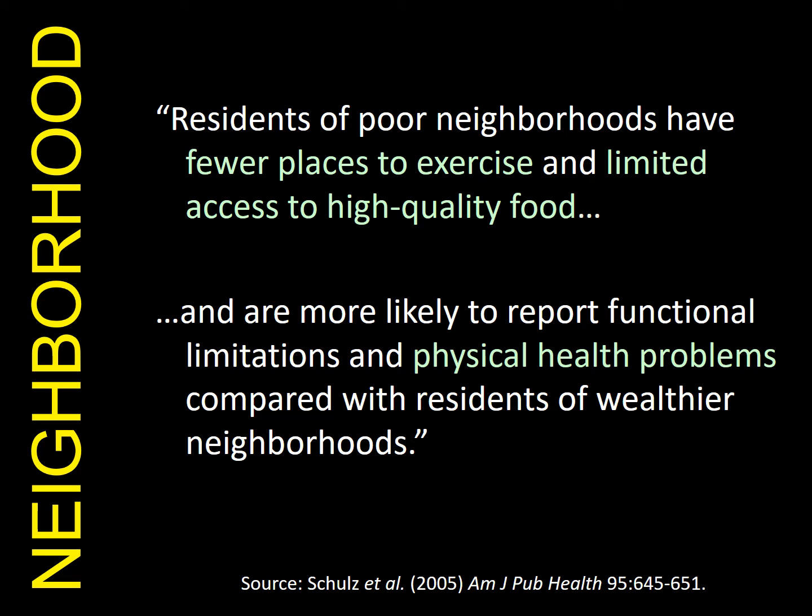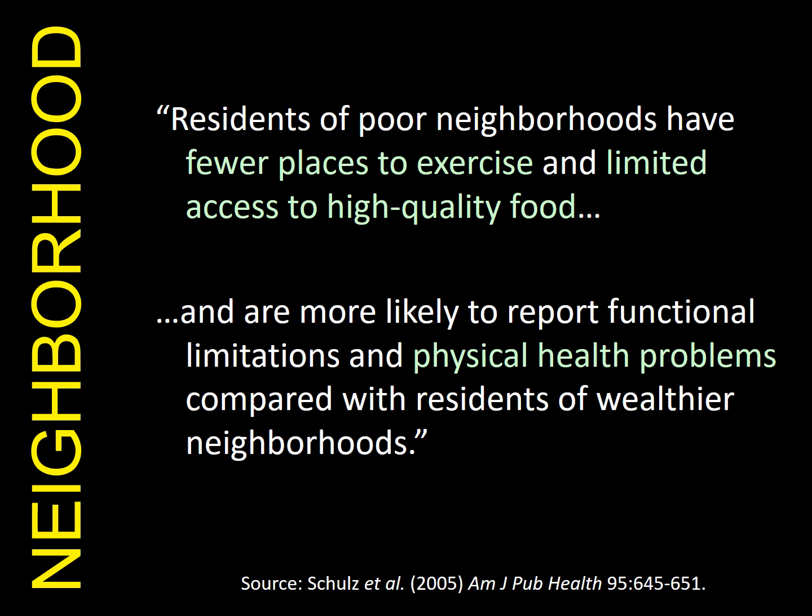Here's a quote from one public health study that says, residents in poor neighborhoods have fewer places to exercise and limited access to high quality food. Therefore, residents of poor neighborhoods are more likely to report functional limitations and physical health problems compared with residents of wealthier neighborhoods. So maybe it's just a function of where a person lives.